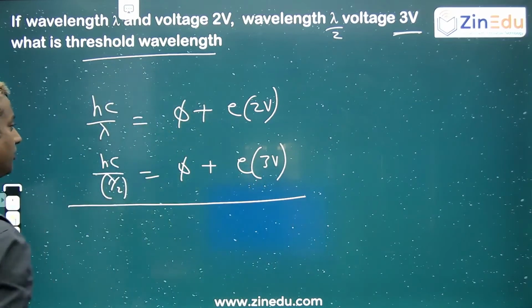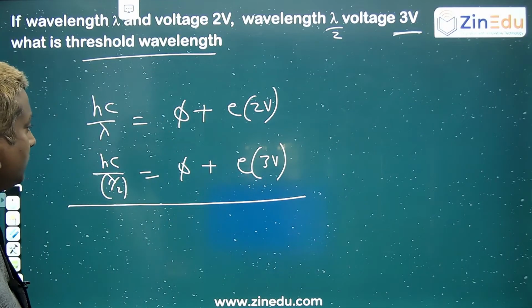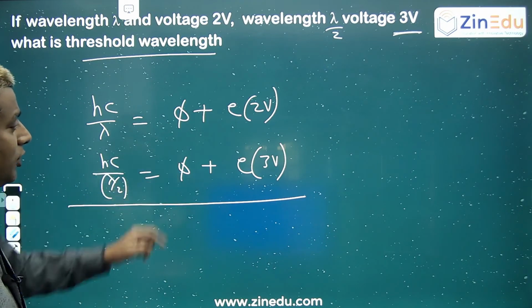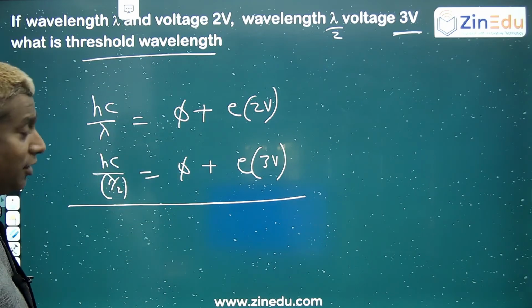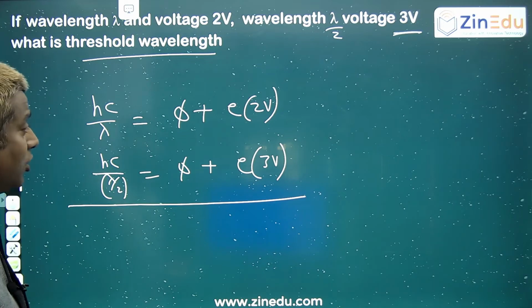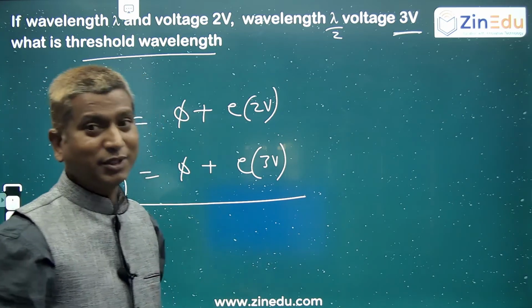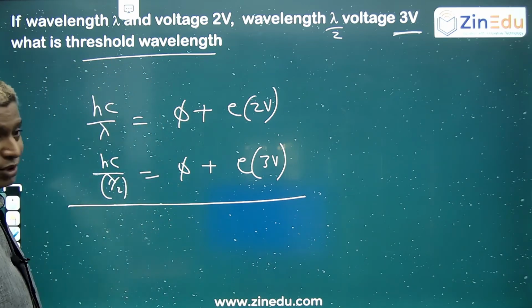From these two you can divide, and you get the work function in electron volts. Once you get the work function in electron volts, you can get the threshold wavelength also.